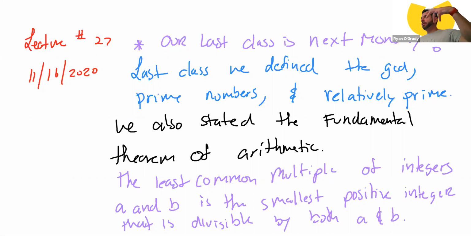So I alluded to this last week, where in normal algebra, we can solve an equation using these basic facts, where if I have an equation, I can add the same thing to both sides and it doesn't change the truth of the equation. Or I can subtract the same thing, or I can multiply or divide. Well, that doesn't necessarily work with congruences, as we showed you on the homework.